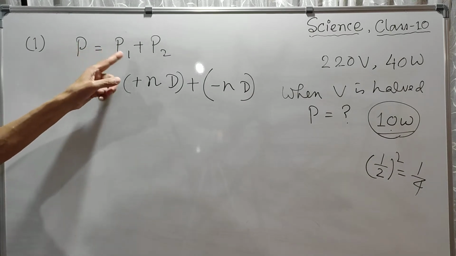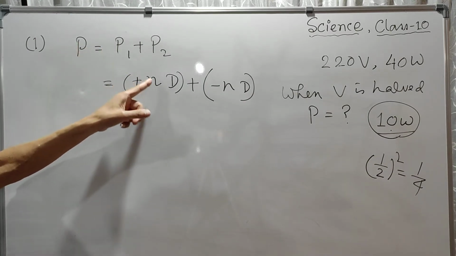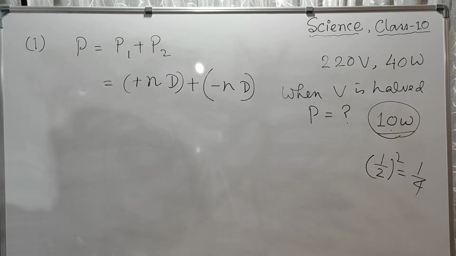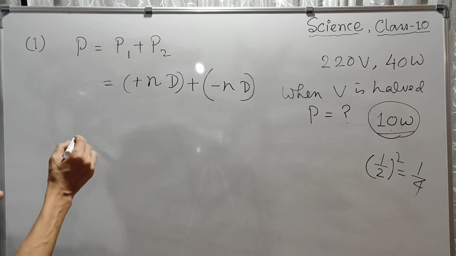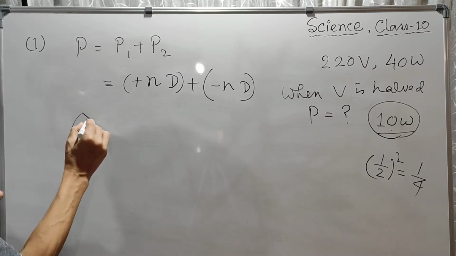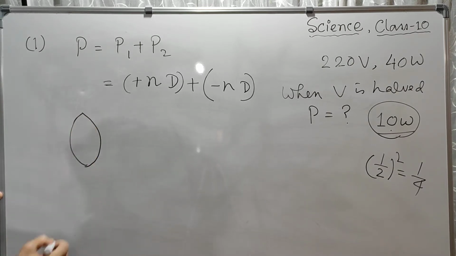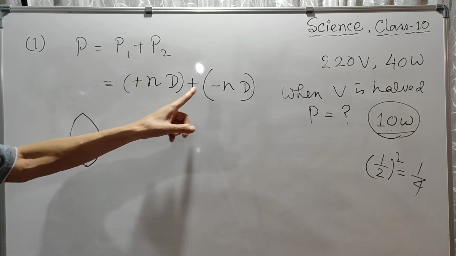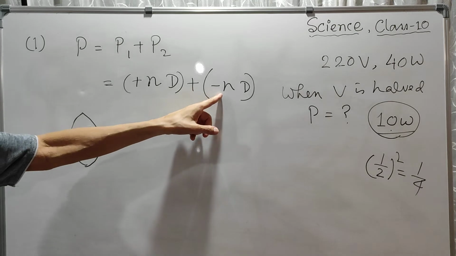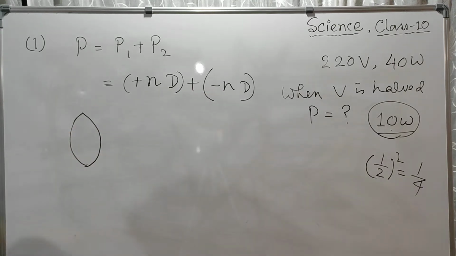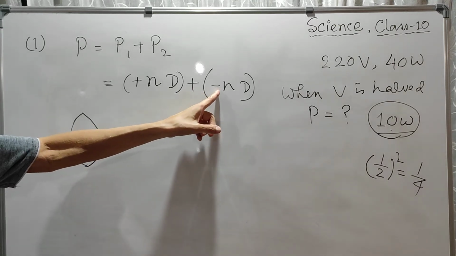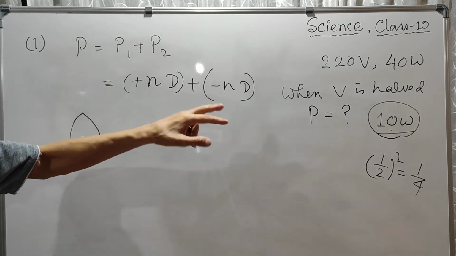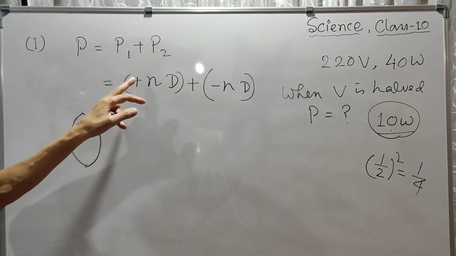Suppose we take two lenses, one lens plus n diopter. Now plus means it will be converging, that is convex. Suppose this one, this lens, converging lens, all right. So this power is plus n diopter. And next one we take a concave, diverging lens of negative power. Concave lens has negative power, convex lens has positive power.